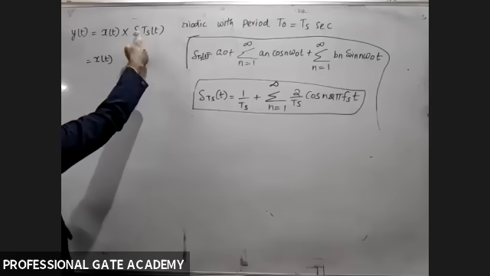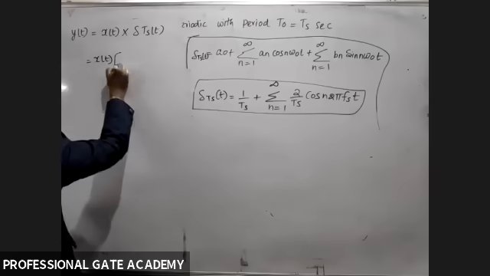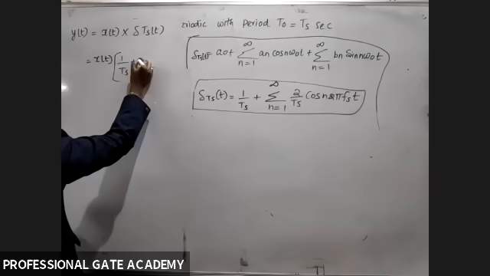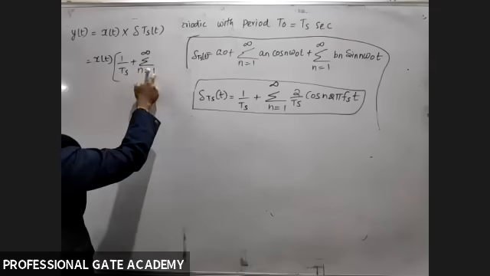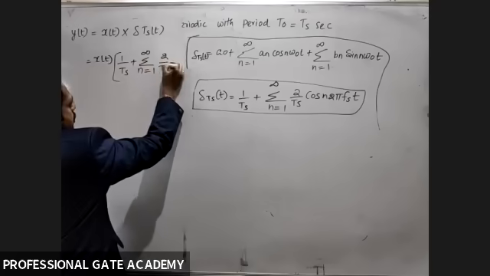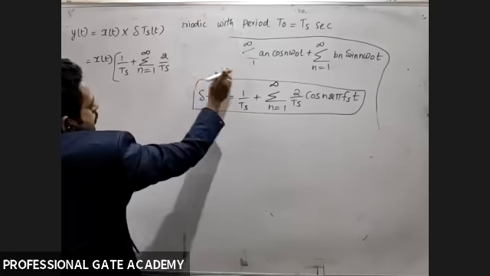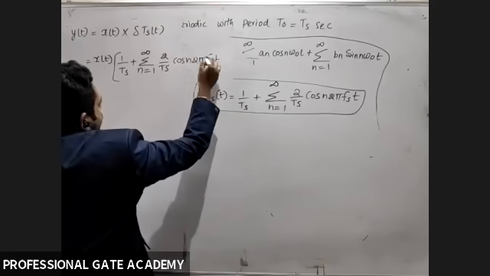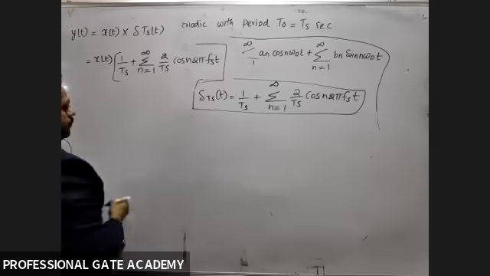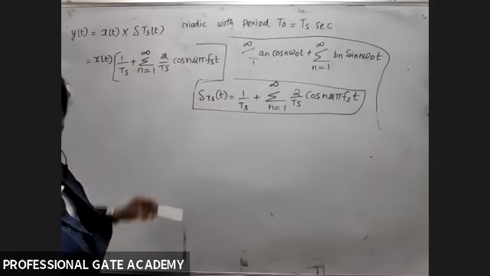Now replace del Ts of t by its Fourier series: 1 by Ts plus summation n from 1 to infinity of 2 by Ts cos n 2 pi fst.